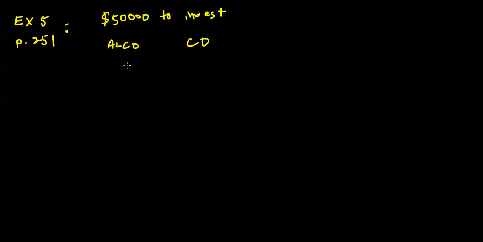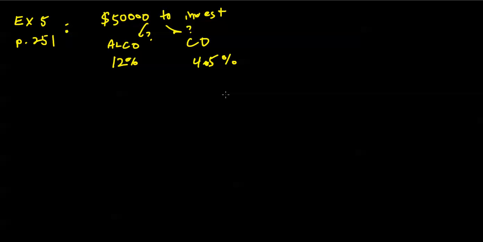There's an Alco investment and a CD investment. The Alco investment is 12% per year. The CD investment is 4.5% per year. That's a point there. All right. And the idea here is how much to invest in each of these.